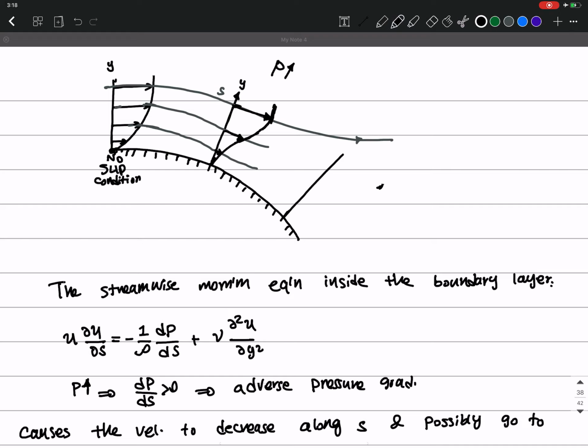Very away from the surface, we have that uniform flow, but closer to the surface, even this flow can even reverse because of this deceleration. So this is going to reverse, becomes like this.